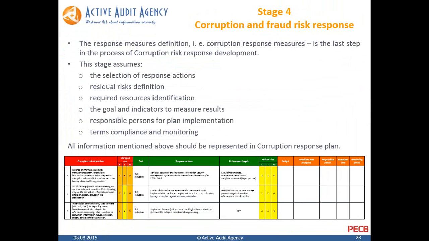This plan should include the selection of response actions, residual risk definition, required resource identification, the goal and indicators to measure results, the responsible person for plan implementation, and terms and compliance monitoring. The example of such a corruption and fraud response plan you can see on the slide.